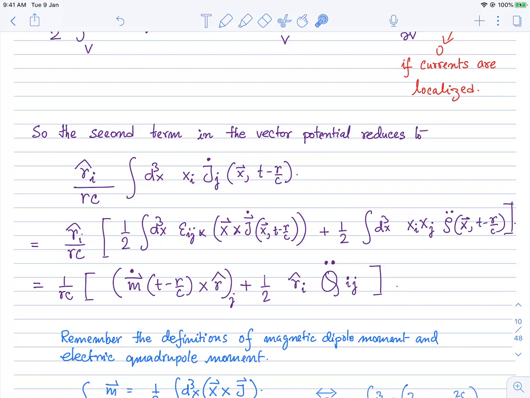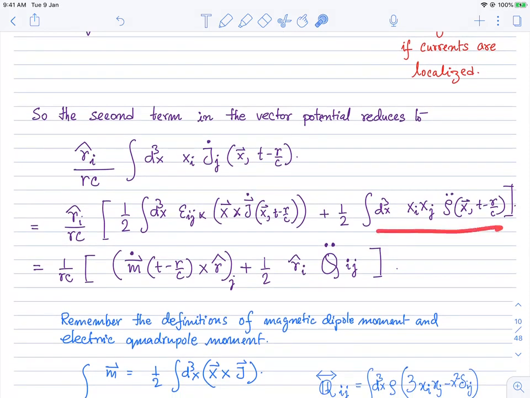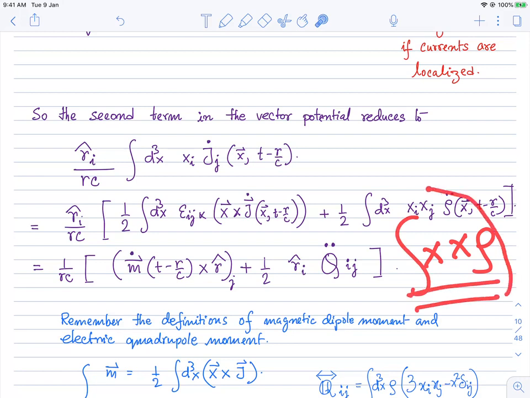Now, apart from this, there is another term that we are left with. This term is nothing but x_i x_j rho double dot. Of course, these time derivatives you can bring outside, and then we will have something like the integral of x_i x_j rho. That very much resembles the quadrupole moment.